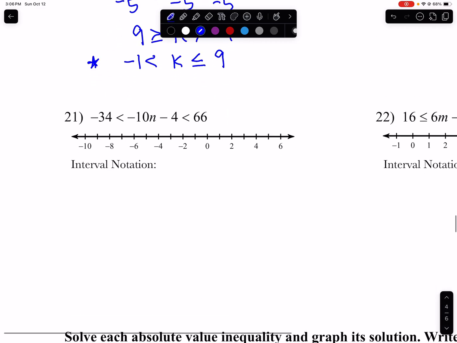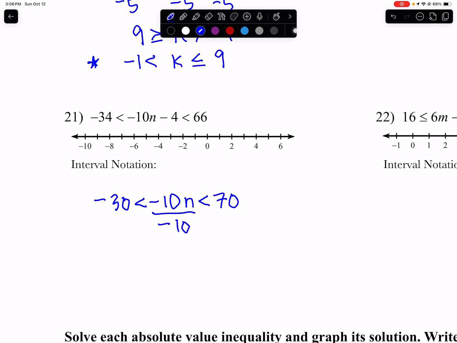Okay. Let's do one more. So I'm going to add 4 to everyone. And this looks like a very similar problem. So we're going to divide by -10, which is going to flip all the signs. But you can see it's kind of backwards again, so I'm just going to take it and reflect it.